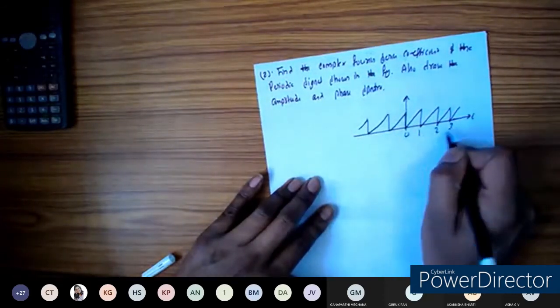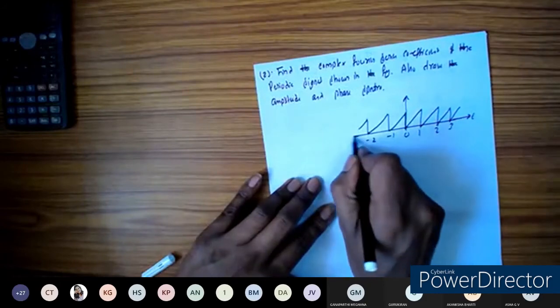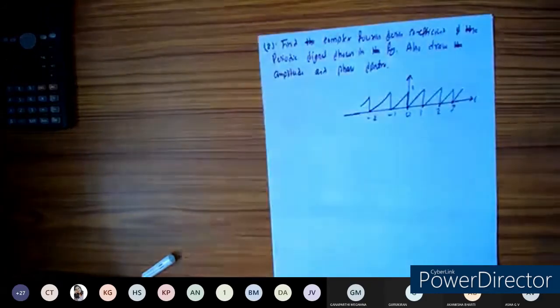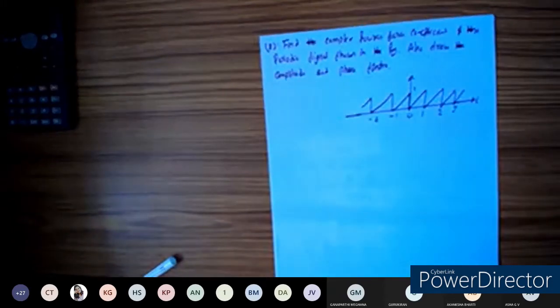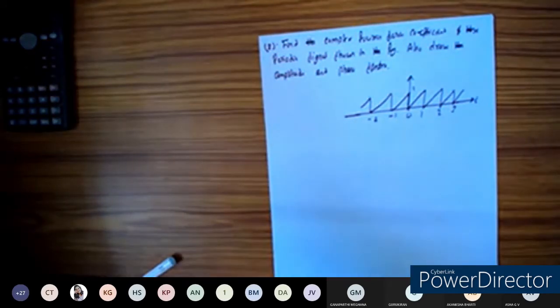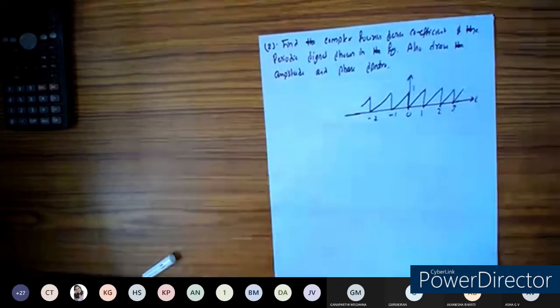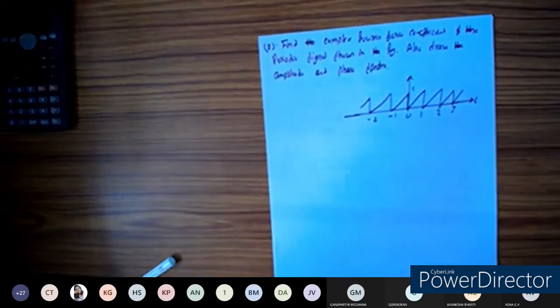So 0, 1, 2, 3, minus 1, minus 2, and so on, having amplitude 1. So this is a periodic signal which has been given, and for this one we need to find out the Fourier series coefficient.